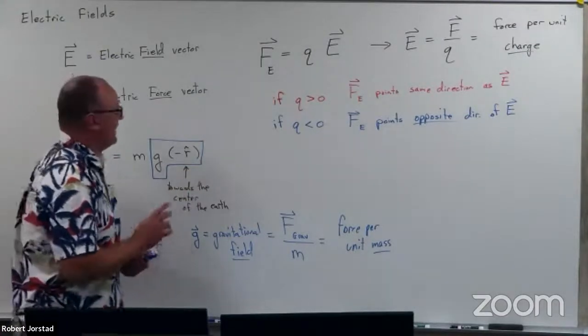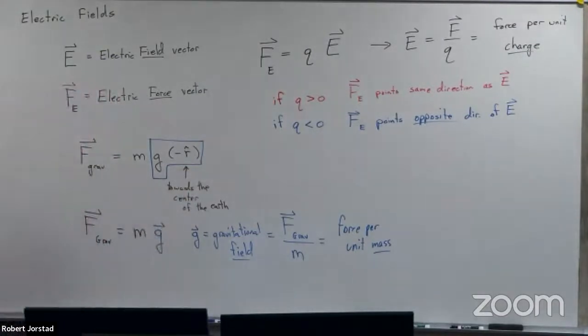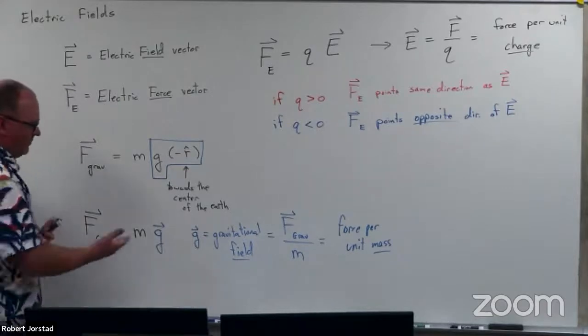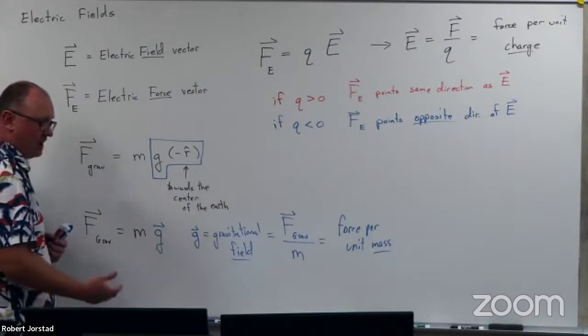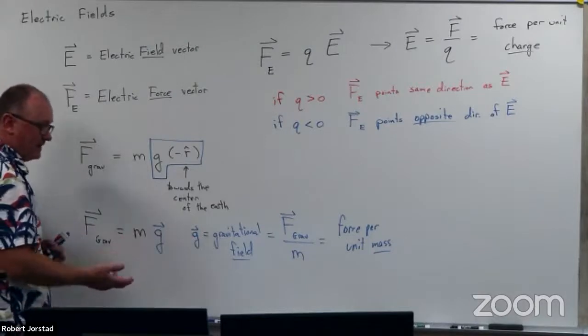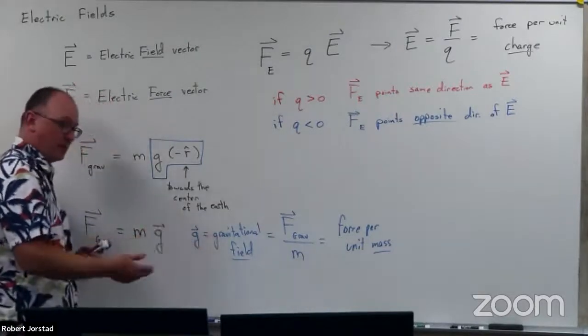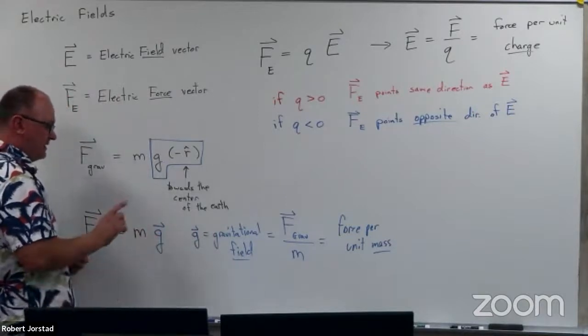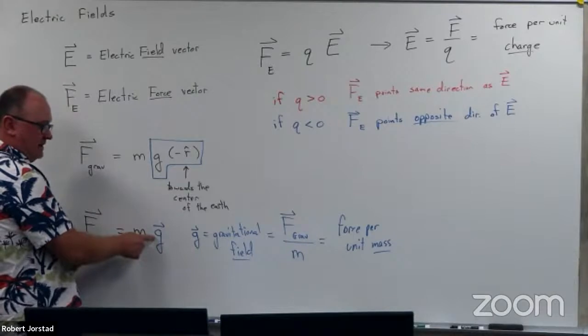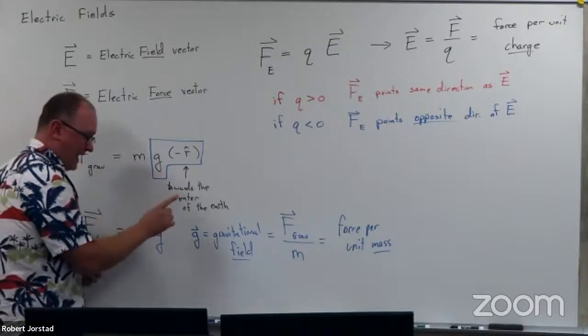Now another distinction here, and I want to point this out with this analogy. The gravitational field was caused by a mass, typically the mass of the Earth or whatever planet or moon you're on, right? So to be clear here, this g was caused by one mass.